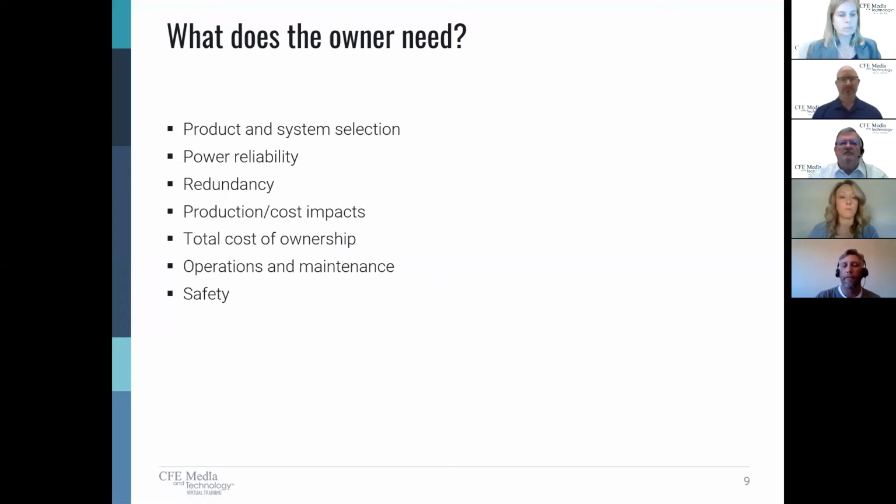So communicating with the client up front about their business and how it's conducted will also help the engineer identify certain pieces of equipment or areas that they would want covered within that backup system.